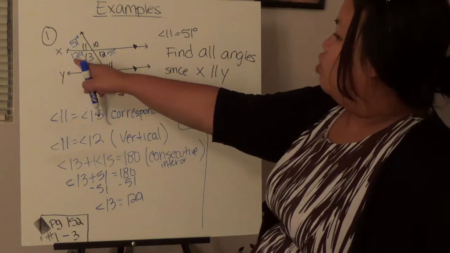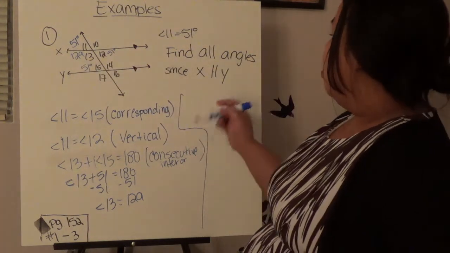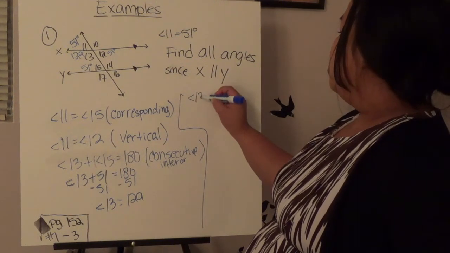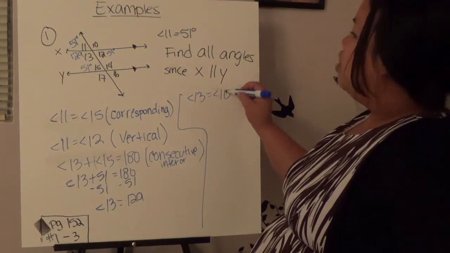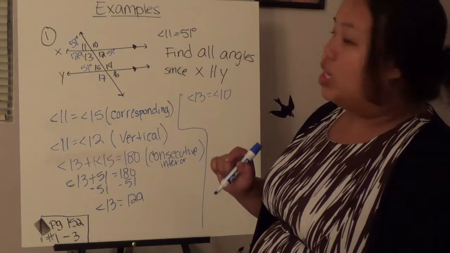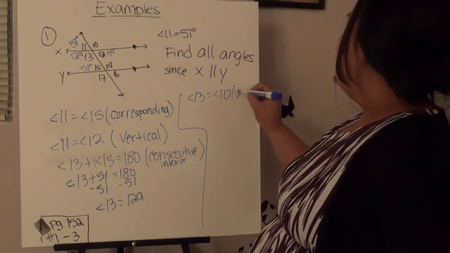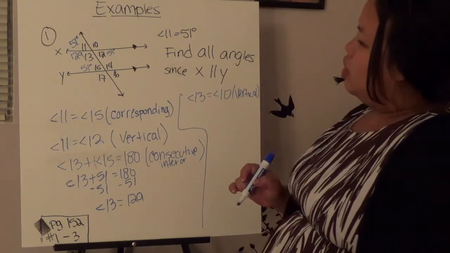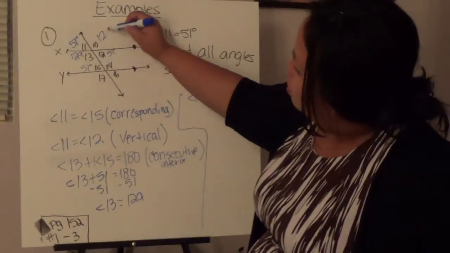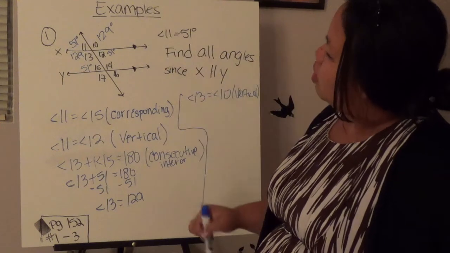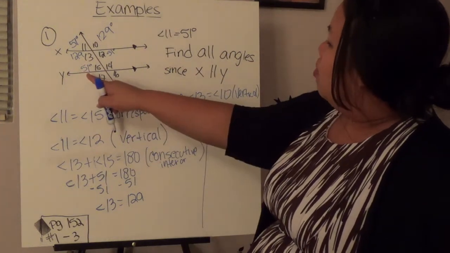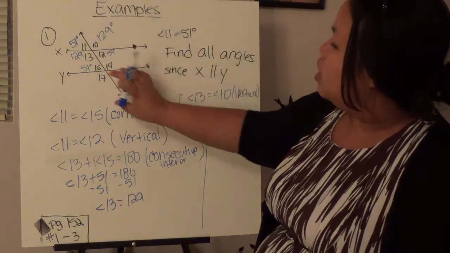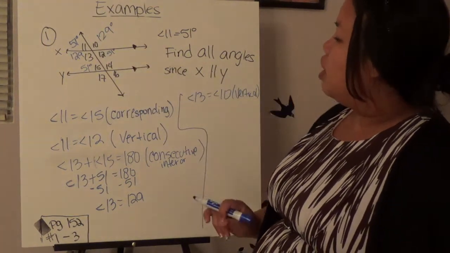We know that angle 13 and angle 10 are what? Equal. Angle 13 equals angle 10 for the same reason angle 11 and angle 12 equal each other, because they are vertical. Right? So this is also 129 degrees. Okay? Now that we found all this four, it just copies onto this four because these are all corresponding.